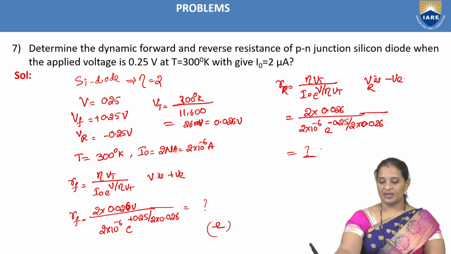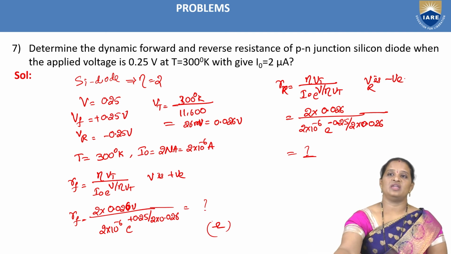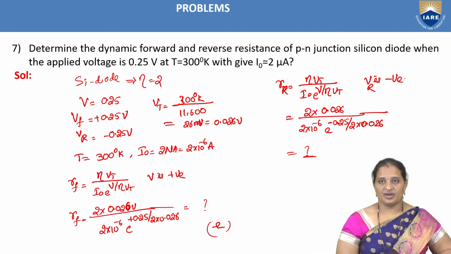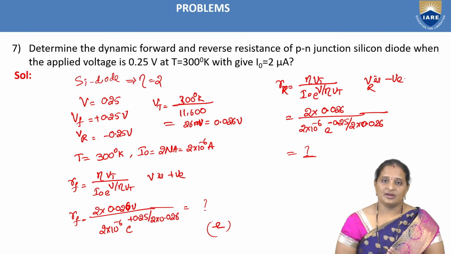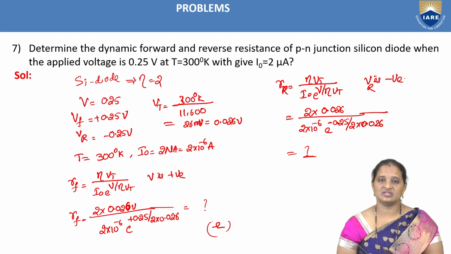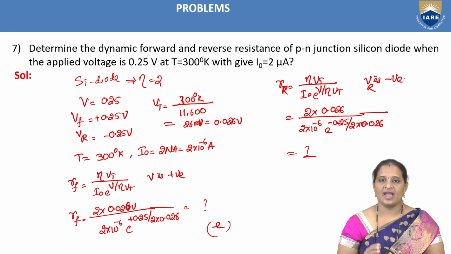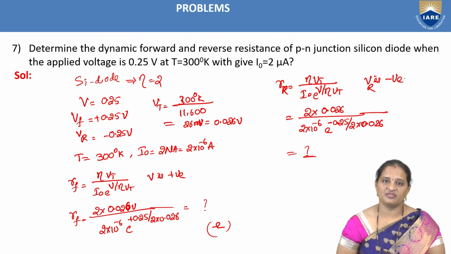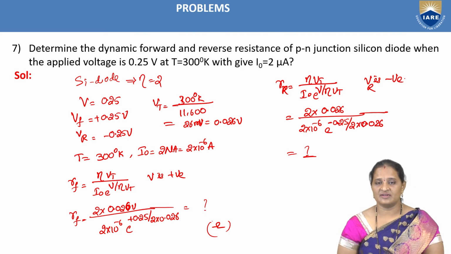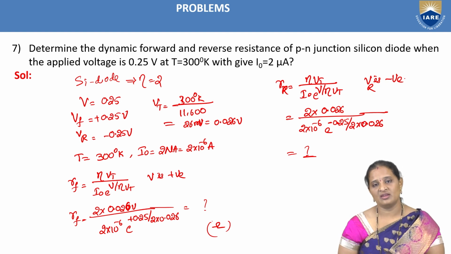So this is how we can calculate the various parameters of a diode, like diode current, diode forward resistance and reverse resistance, that is static forward resistance and dynamic forward resistance, and also static reverse resistance and dynamic reverse resistance. You can understand the difference between the forward resistance and reverse resistance, and also between dynamic and static resistance.